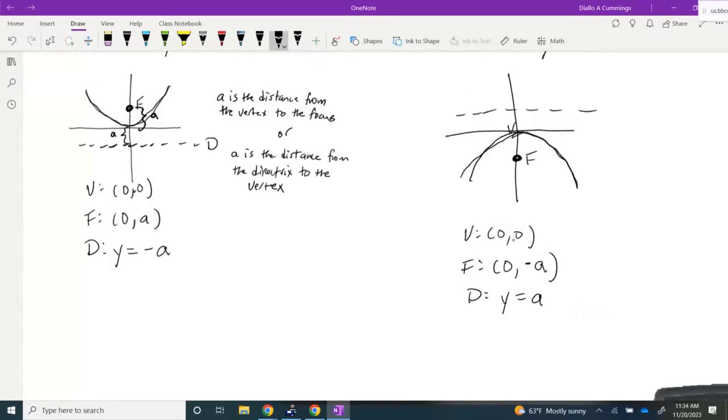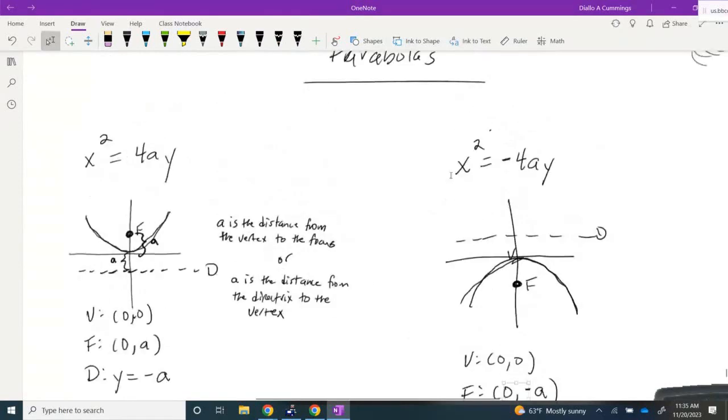So this is F, this is V, and that's D. It kind of helps if you sketch these things out the first time you're doing this versus just looking at that formula sheet. Looking at that formula sheet with the conics, it can be kind of overwhelming. All right, so any questions about the x squared model form?